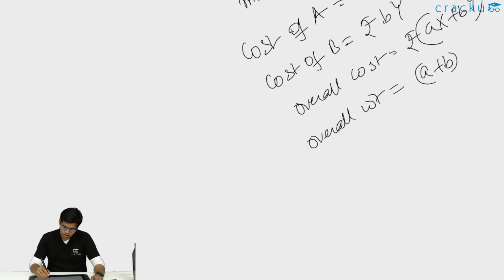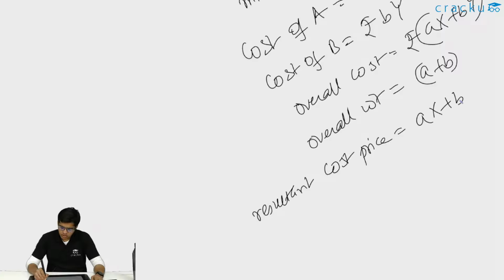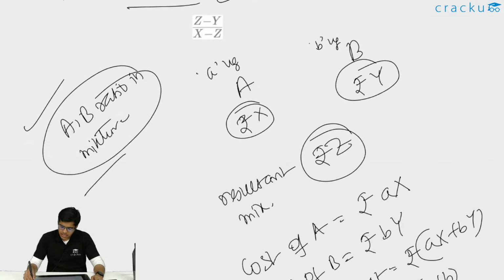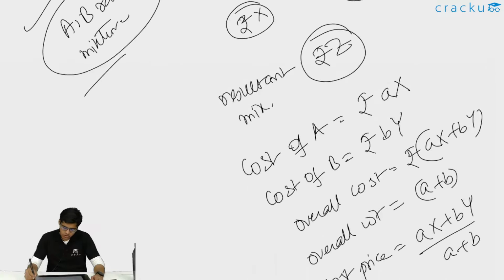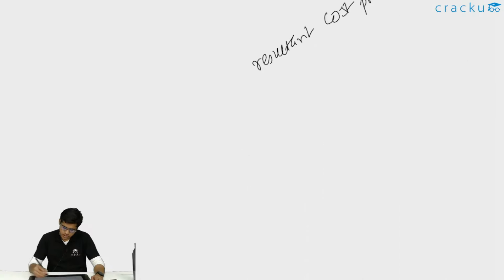So I can say now the resultant cost price will be what? AX plus BY upon A plus B. And this (AX plus BY) by (A plus B) would be Z, right?